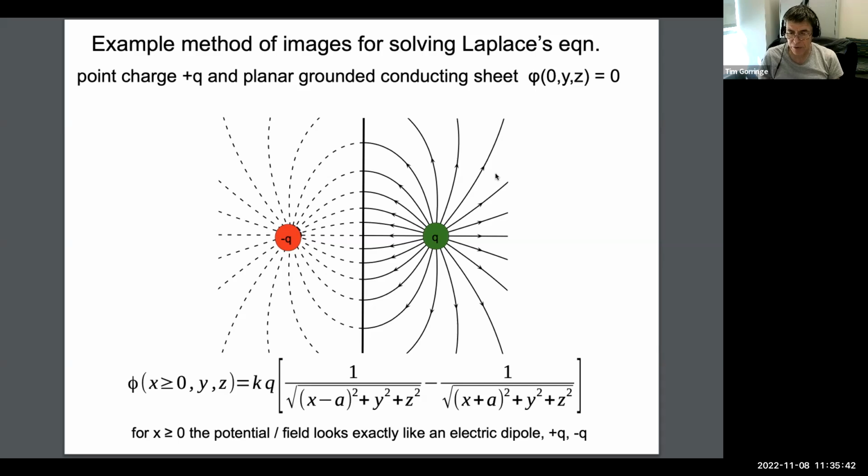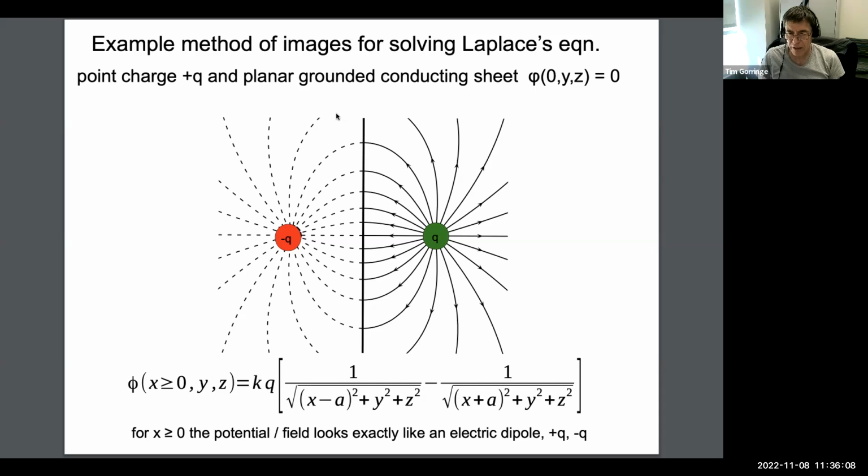But the other purpose of those slides is to recognize the limitations of these methods and the value of the numerical approach that we're going to discuss for solving Laplace's and Poisson's equation. So let me start with the method of images.